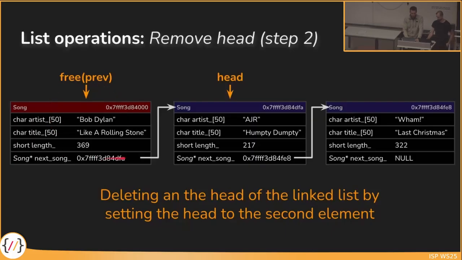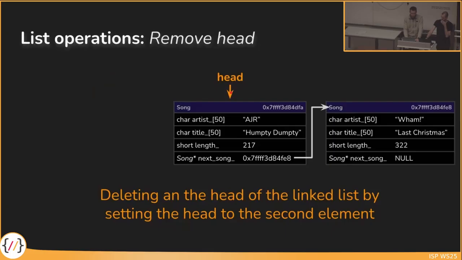So then there is no pointer to this one, but just our new head pointer. So we just have to free the previous head and set the new head, before the freeing, to the second element, which is then our new head.